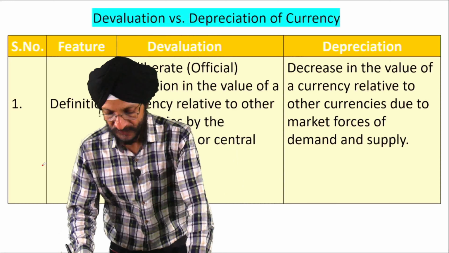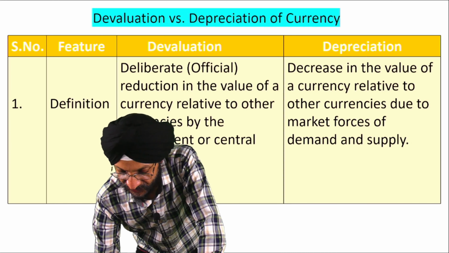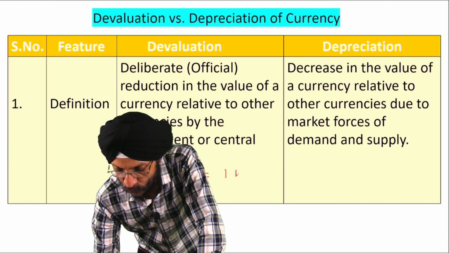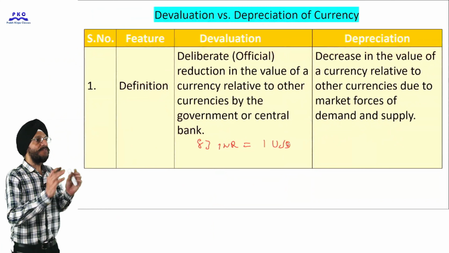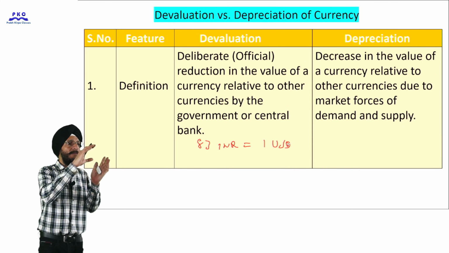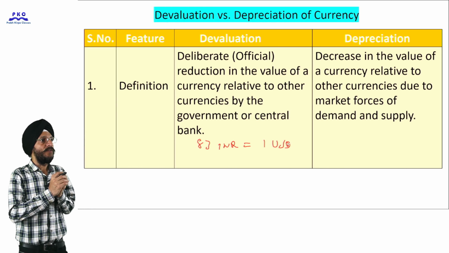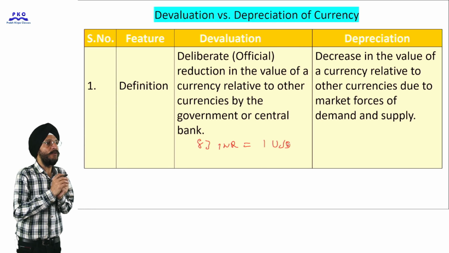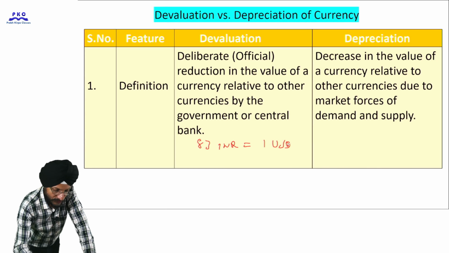What it means? We are living in India and approximately 83 Indian rupees are equal to 1 US dollar. If the government or the central bank of India decides to reduce the value of the Indian currency, then it is devaluation.